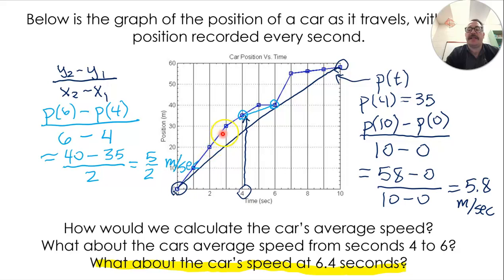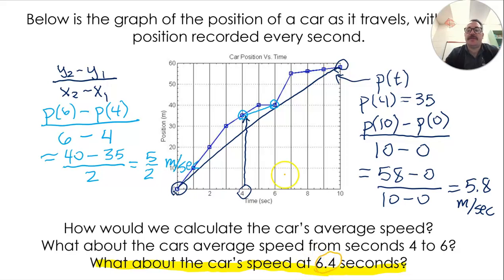So we're just kind of connecting the dots between the information that we know. So the best that we can do to get what's called an instantaneous speed when we don't have the function itself is we can get an estimate by taking the car's average speed near 6.4 seconds. So let's do that.